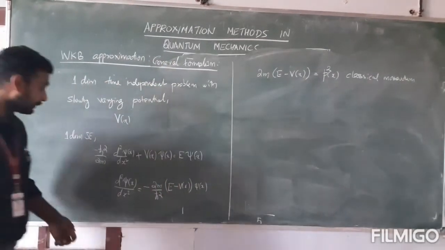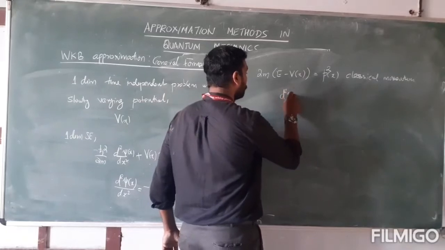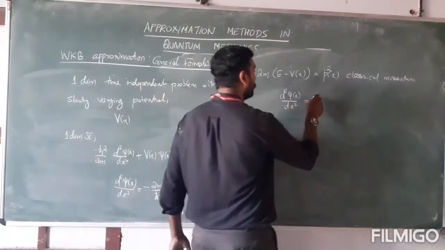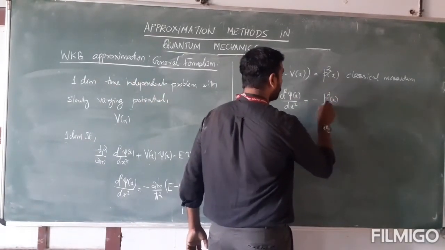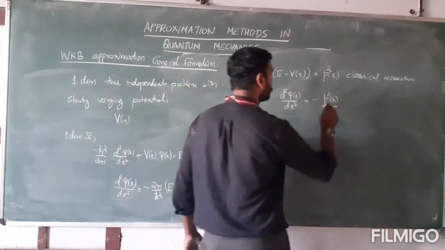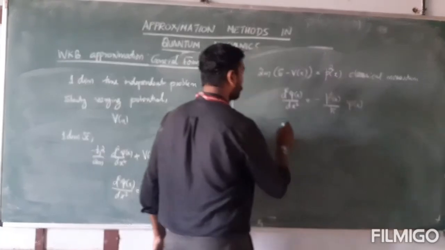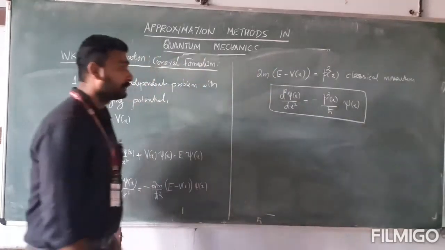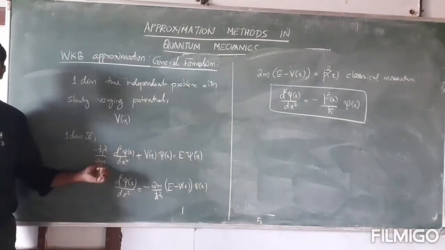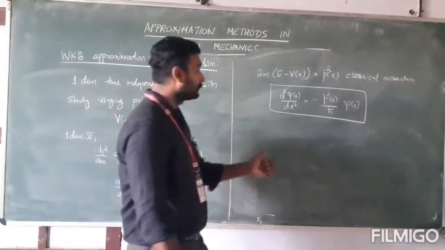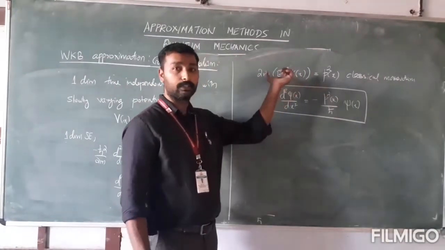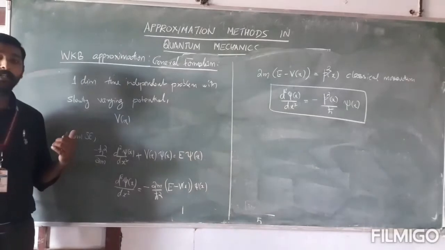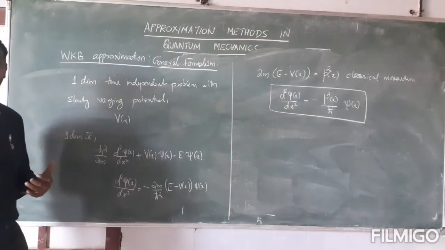So I can rewrite this equation as d squared psi of x by dx squared equal to minus p squared of x by h bar squared into psi of x. This is the general Schrodinger equation for a one-dimensional problem. Here p of x is nothing but the square root of this, which can be called the classical momentum. Now I can apply the WKB approximation if the potential is a slowly varying function.